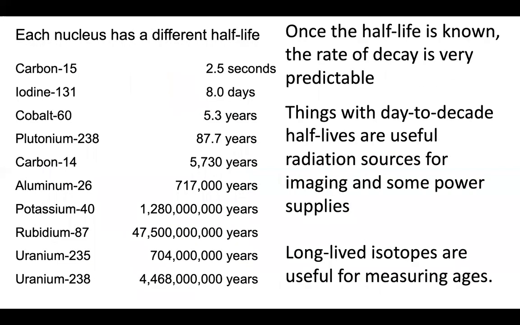Now, coming back to this observed behavior, what's nice about it is that it's so regular and predictable. This means that we have a good sense of when these sorts of nuclear transitions will occur, which means that these sorts of processes can be used in a variety of applications. For example, things like iodine and cobalt have relatively short half-lives, on the order of days to years.